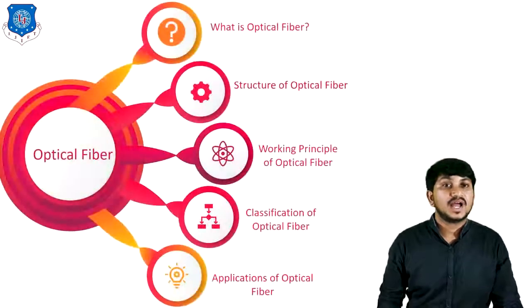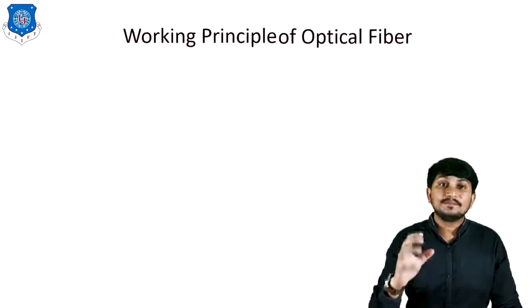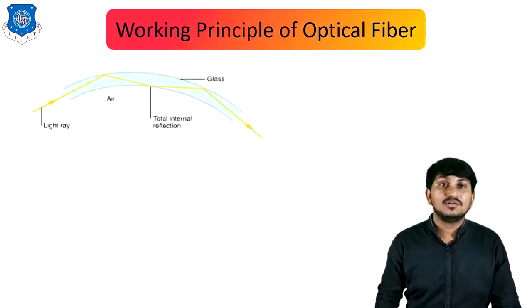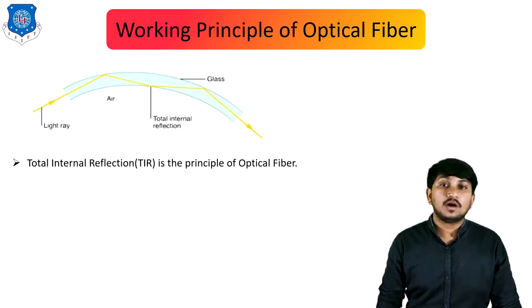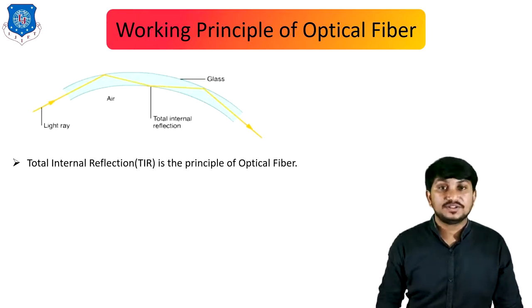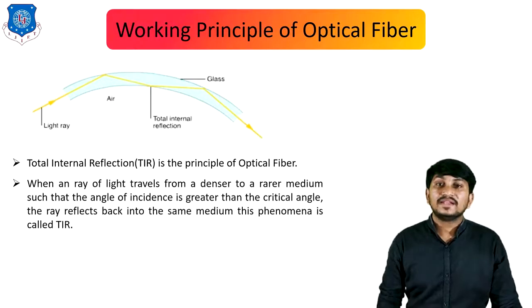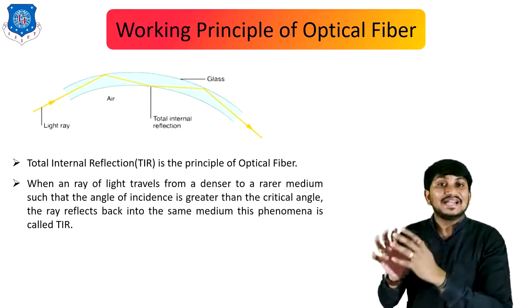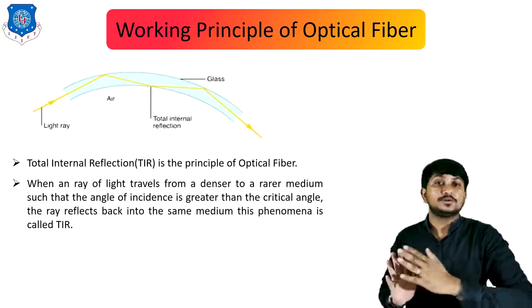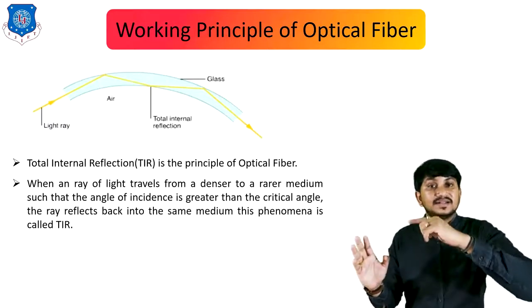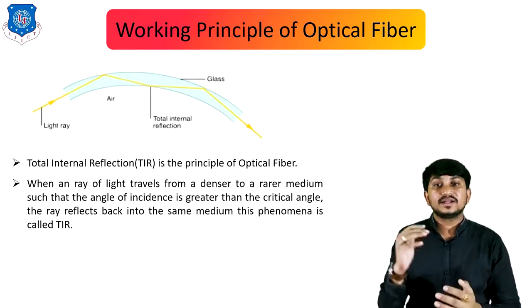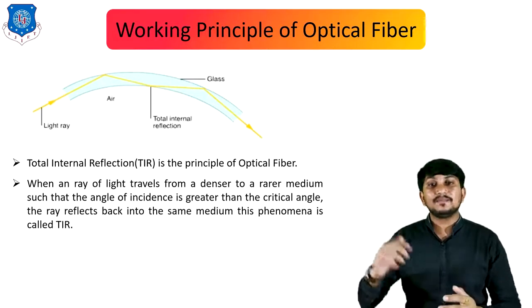Now let's discuss the working principle of optical fiber. How does this optical fiber work? It works on the principle of total internal reflection, TIR. When a ray of light travels from a denser to a rarer medium such that the angle of incidence is greater than the critical angle, the ray reflects back into the same medium.